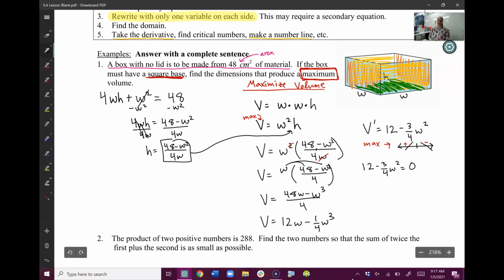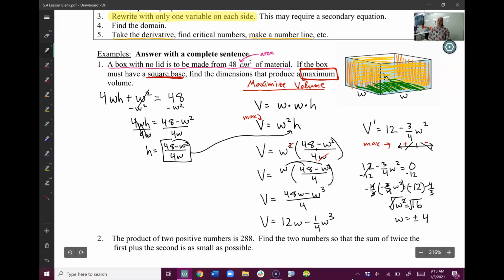Well, this equation isn't ever going to be undefined, so we don't really need to worry about that one as much. So I'm going to set it equal to 0 and solve it. I got this. So square root of 16 is plus or minus 4.